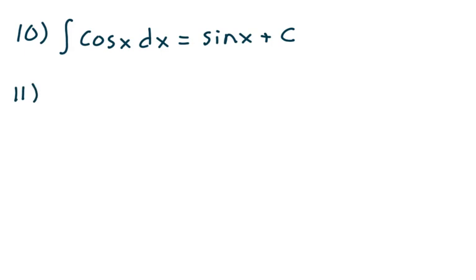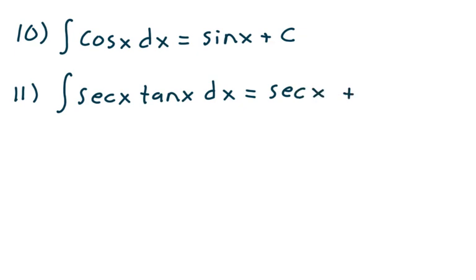Number 11. The integral of secant x tangent x dx is equal to secant x plus c. So remember, the goal is we have to think backwards, because if I take the derivative of secant x with respect to x, I do get secant x tangent x.